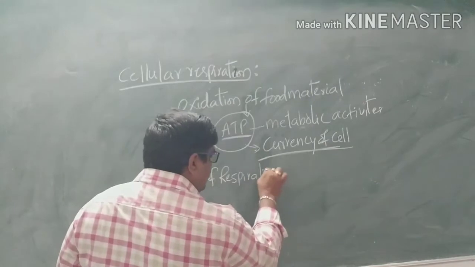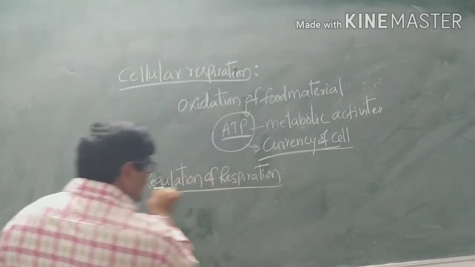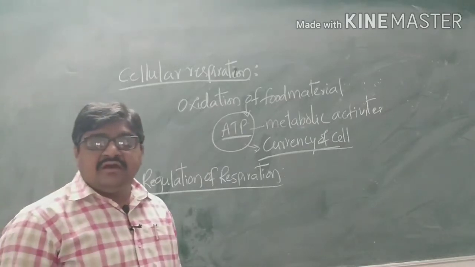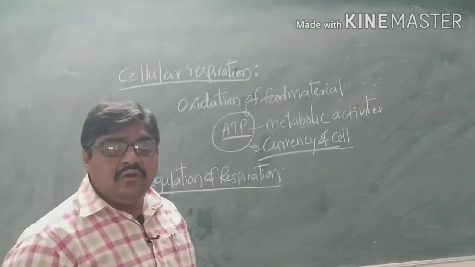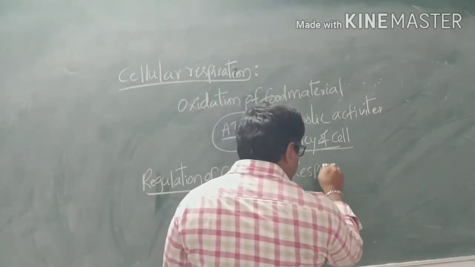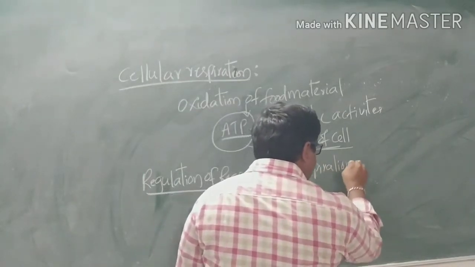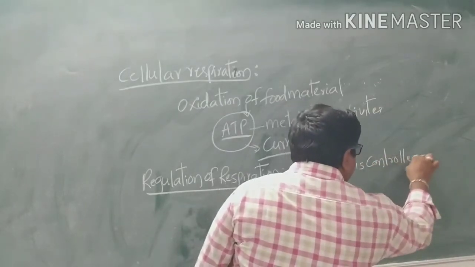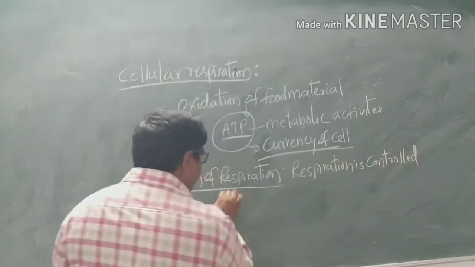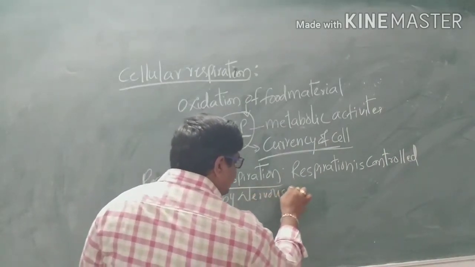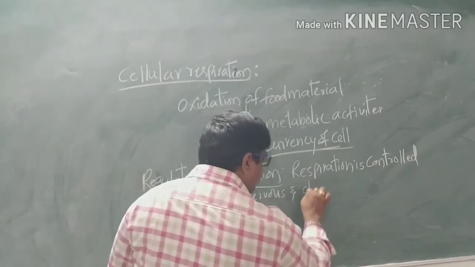Regulation means that respiration is controlled. Respiration is controlled by the nervous system as well as by chemical coordination.